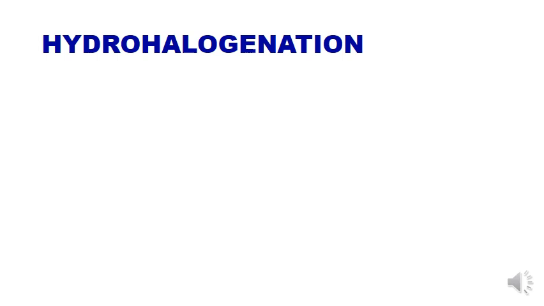Okey, langkah kedua adalah menunjukkan bagaimana nucleophile menyerang carbocation yang terhasil daripada langkah yang pertama. So from step 1, we have produced the secondary carbocation.